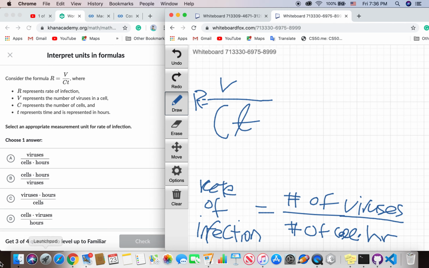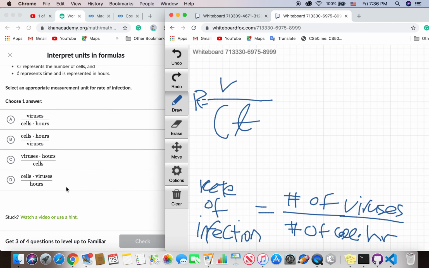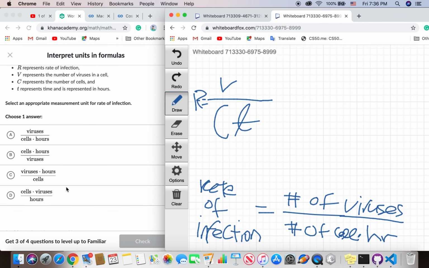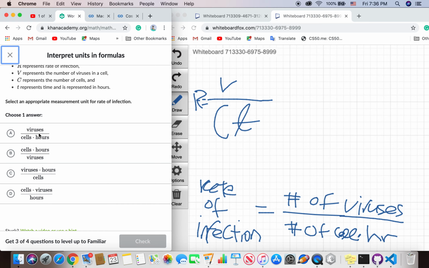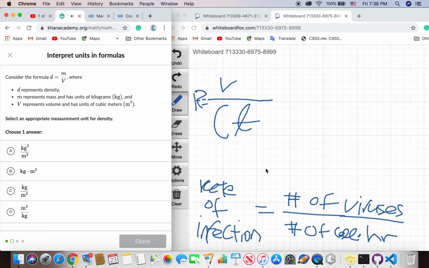Okay, so let's take a look at which one is correct. So the number of viruses is at the top, which is this one, and C is cells times hour. Yes, that is correct. And then let's move on to question number 2.